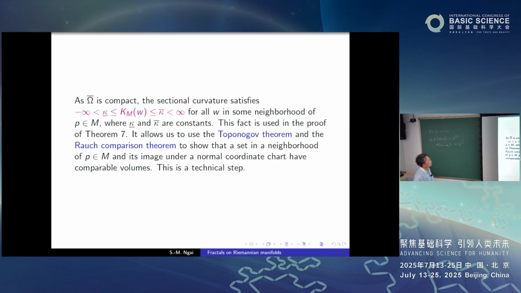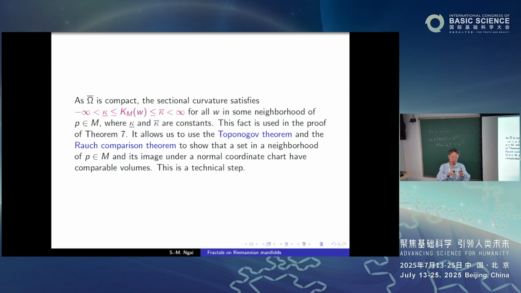But when we use this normal coordinate chart to pull the Riemannian manifold to Euclidean space and back, the balls could be distorted.